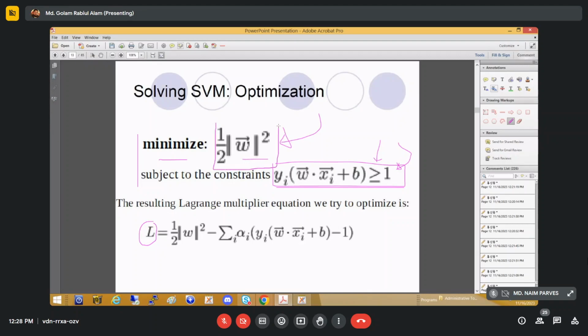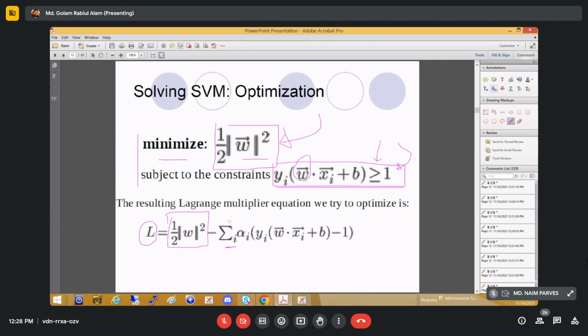Then in the Lagrangian equation, at first we put the objective function. Then for each parameter, we have to incorporate the Lagrangian constant. Here w is a vector, so we have to sum up over all i.